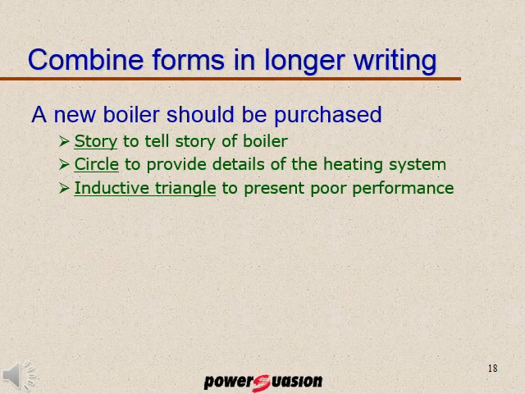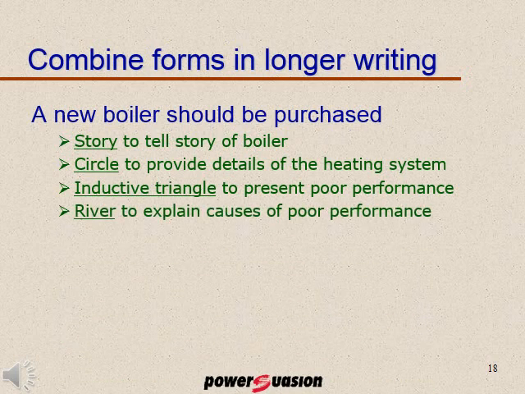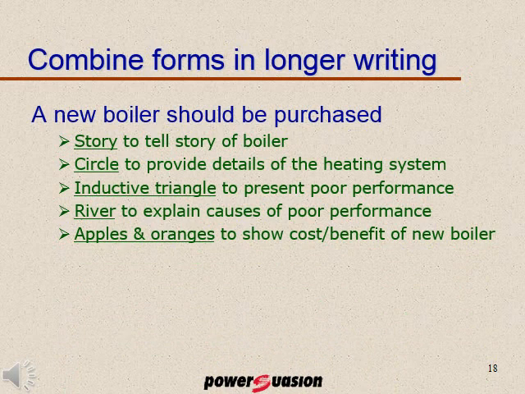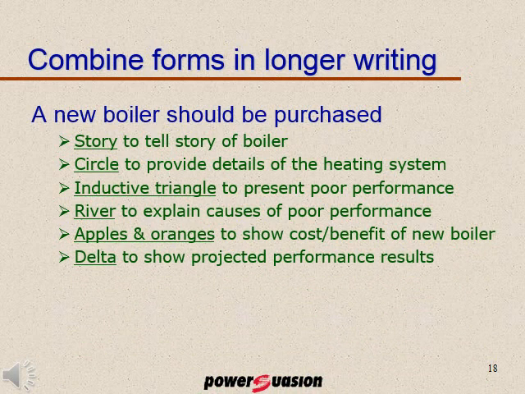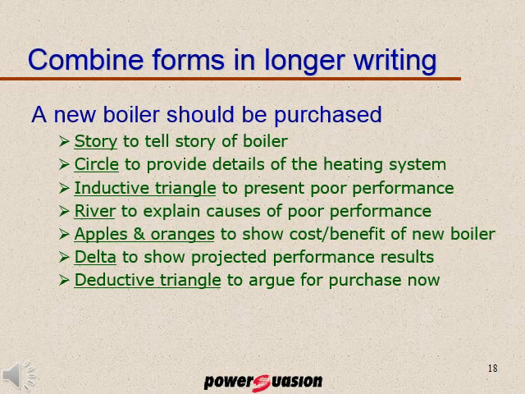We could use the inductive triangle to present poor performance, and the river to explain the causes of poor performance, and then apples and oranges to show the cost benefit of the new boiler, and delta to show projected performance results, and finally the deductive triangle to argue for purchase now.